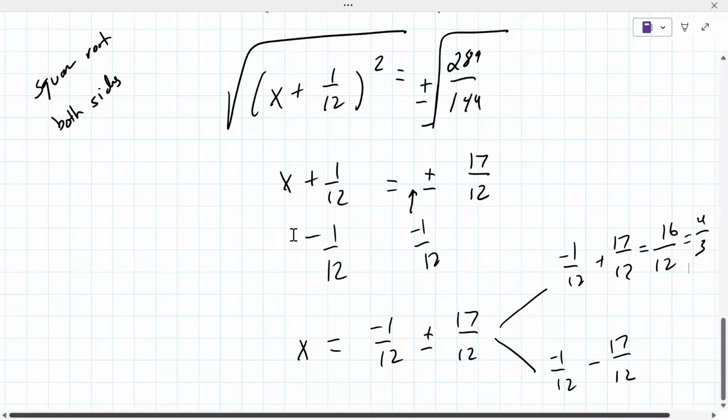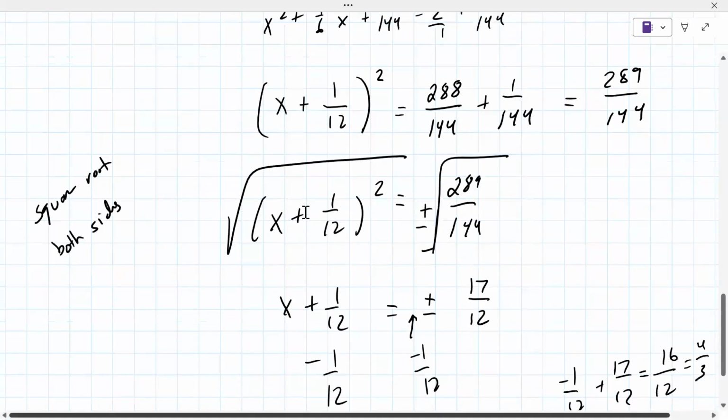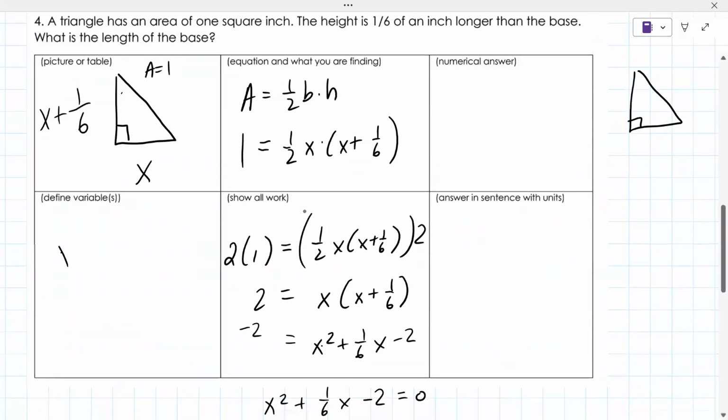Even though we've done all this work, it's like, oh my gosh, what do you mean it's not the answer? So x is the base. That's where it's important to define the variables so you know what you're doing. x plus 1/6 is the height. What does it ask for? Well, actually, it did ask for the base. I would have asked for the height. So the base is 4/3 inches.